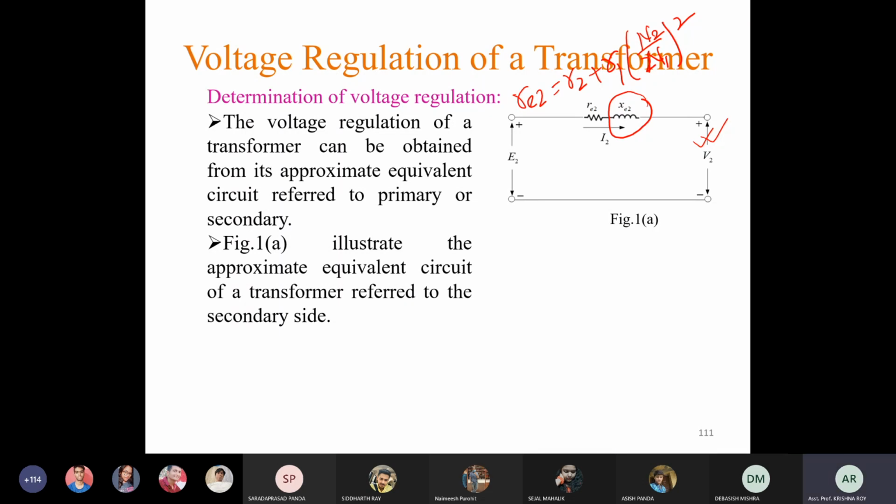First of all, tell me the KVL equation. Sir, E2 is equal to V2 plus I2 whole into (RE2 plus jXE2). Okay. Now for this equation, can you draw the phasor diagram?